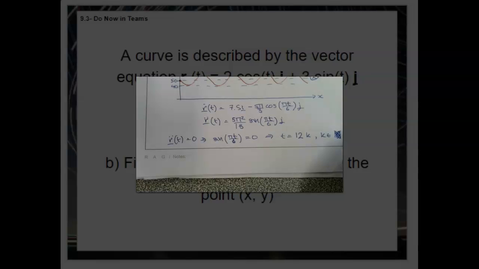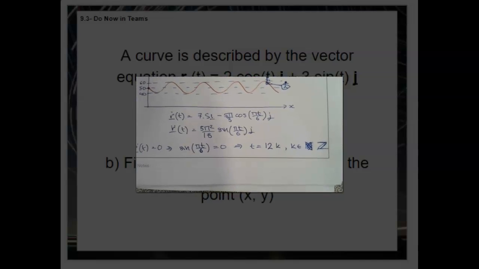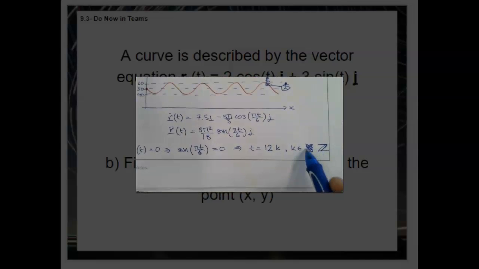An integer. k is an integer, which includes 0. Z for integers. The difference between N and Z is the natural number doesn't include 0, which was a mistake. So there's my answer.